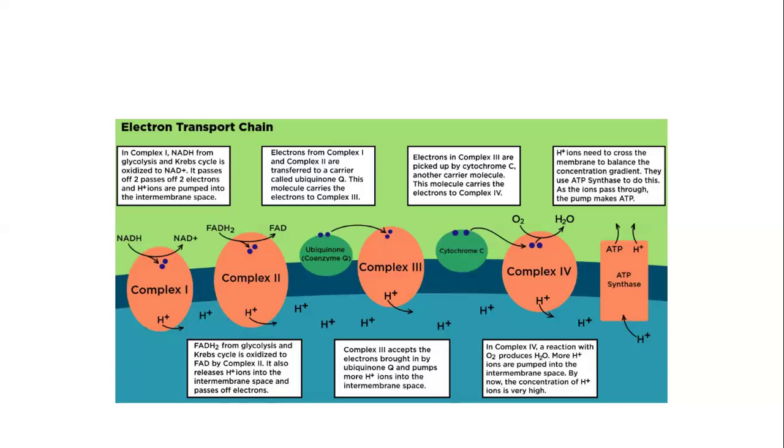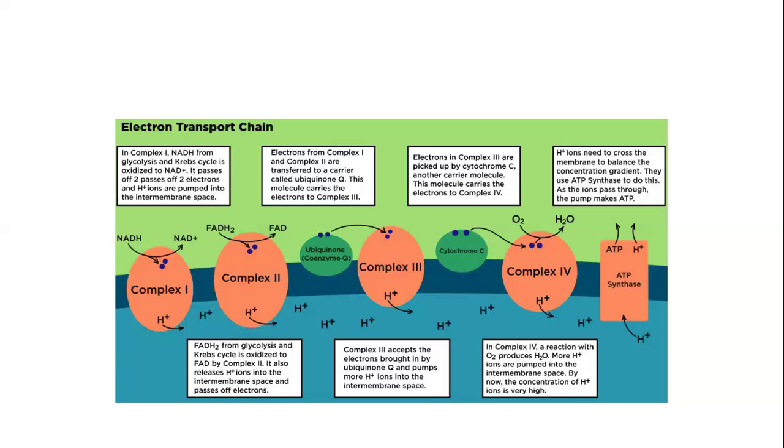And you produce water. As you're moving your electrons through the electron transport chain, you're pumping protons into the mitochondrial intermembrane space, the space between the two membranes. Right.